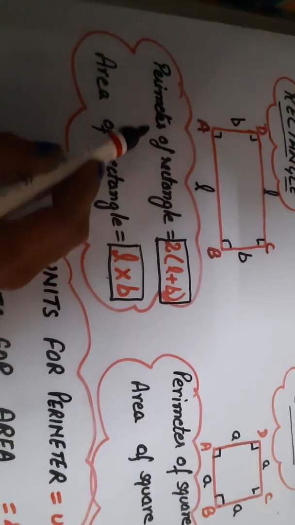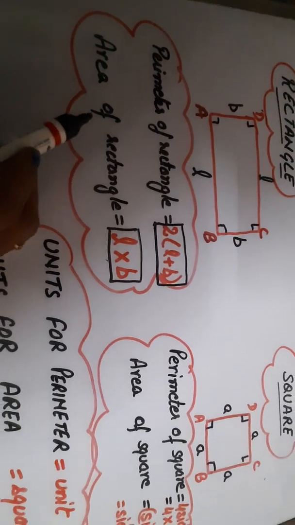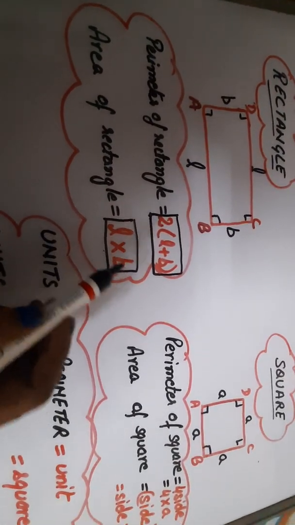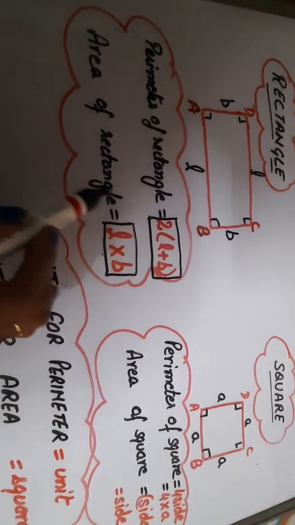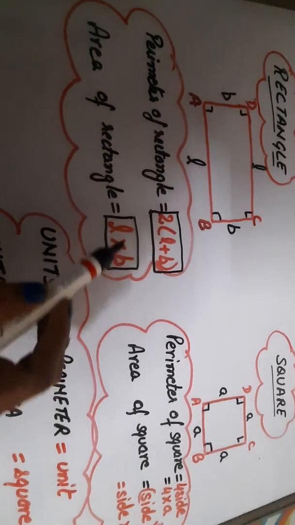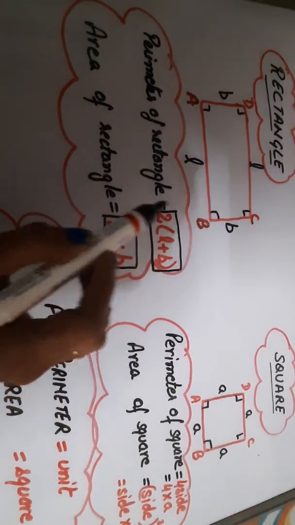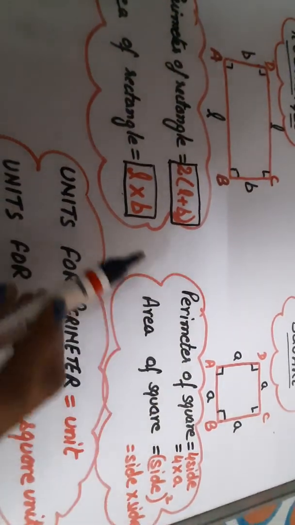Now we know that the perimeter of a rectangle is 2 into (L plus B), and from here you can learn that the area of a rectangle is equal to L multiplied by B. L multiplied by B means in area we will multiply the dimensions, whereas the perimeter is the sum of all the sides, but in the case of area we multiply.